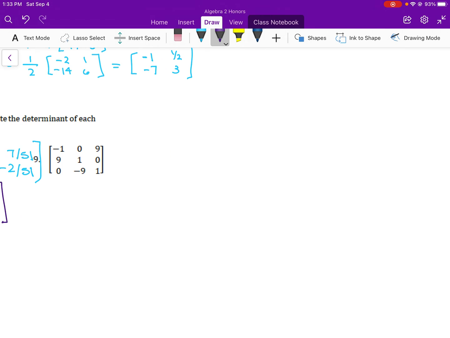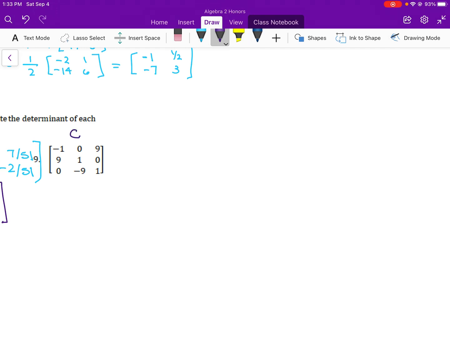Okay, and then finally this last one here, if I want to try another calculation for a 3 by 3, this is going to be negative 1, 0, 9, 9, 1, 0, and 0, negative 9, 1. Our inverse is going to be pretty messy on this one.